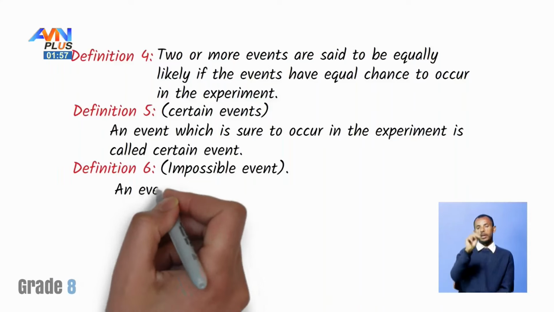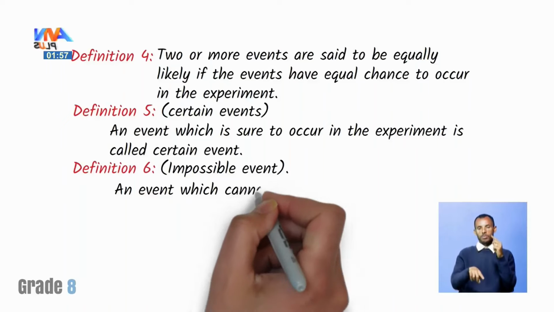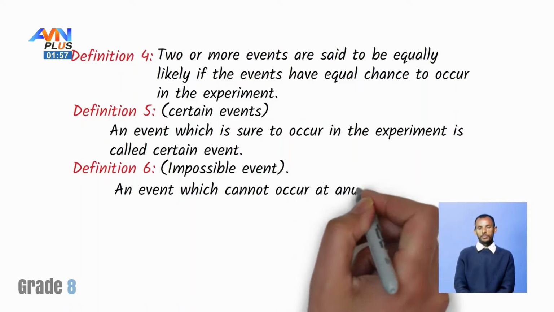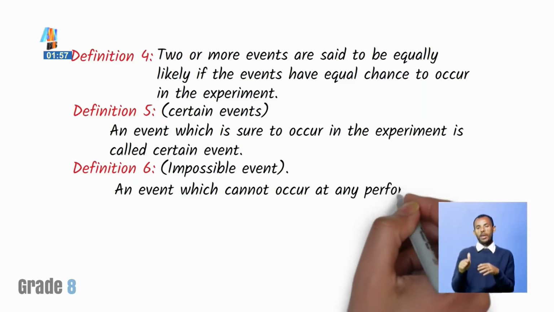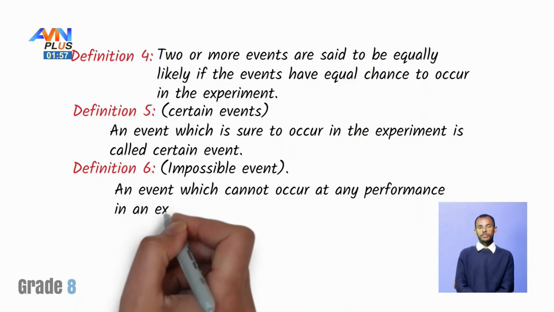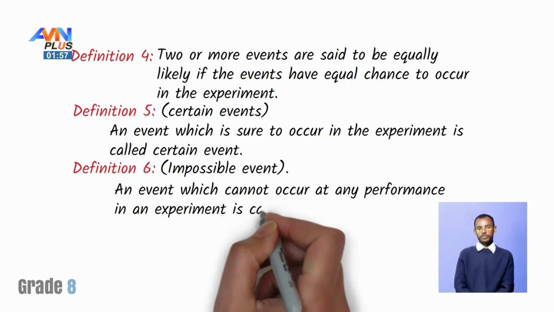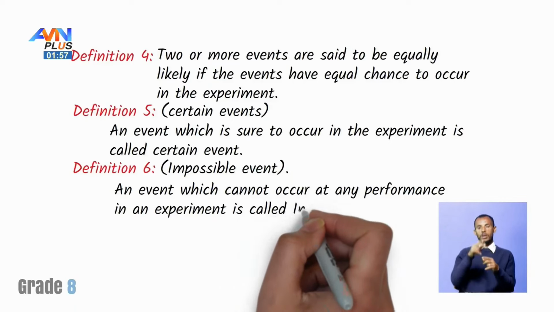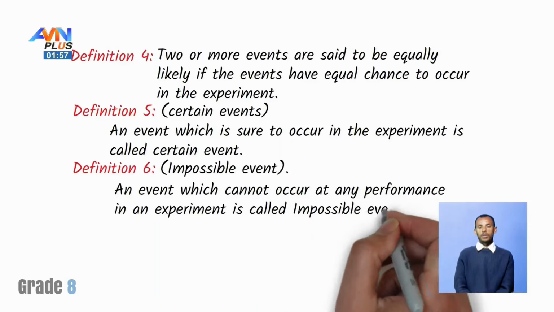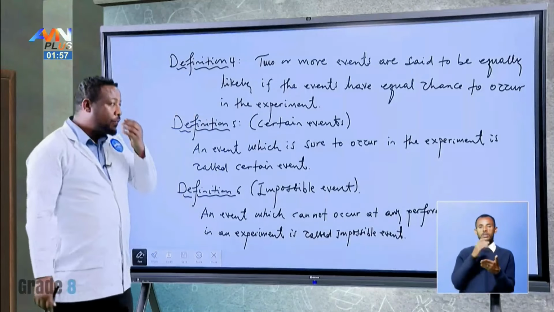An event which cannot occur at any performance in an experiment is called an impossible event. So this is the 6th definition that we have for today.